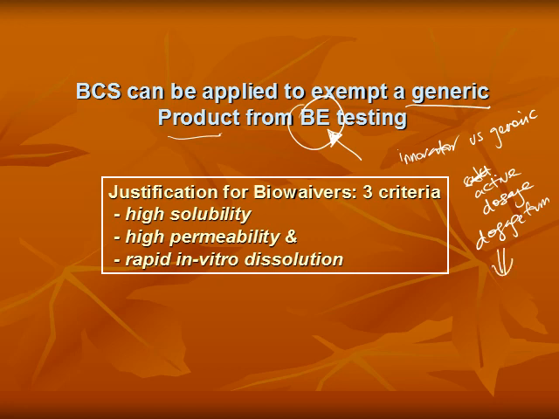The difference will be in the excipient, and how the excipient can affect bioavailability is through its physical and chemical properties. So when you have an active ingredient with high solubility and high permeability, its performance is not easily influenced by the excipient.